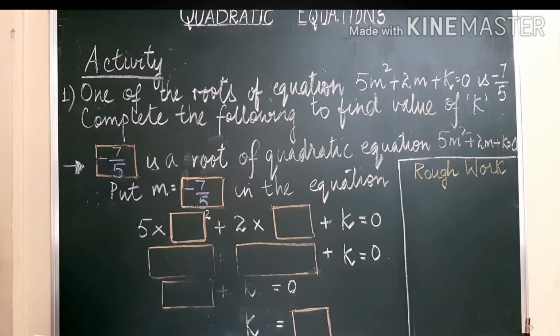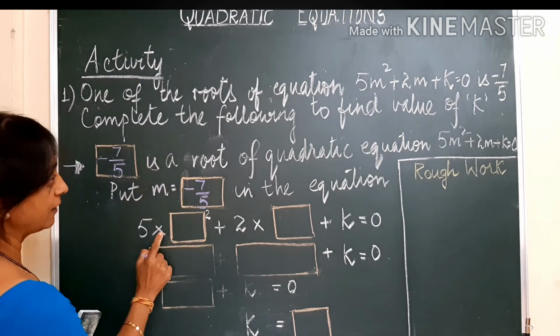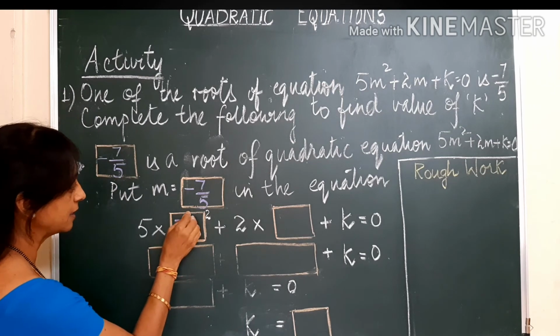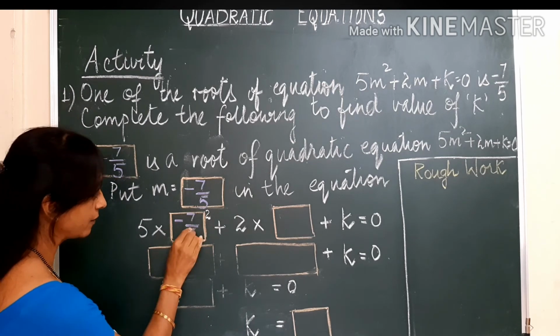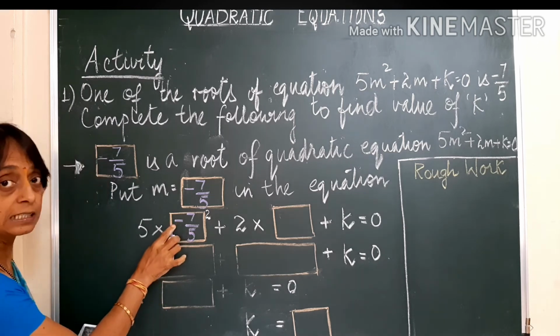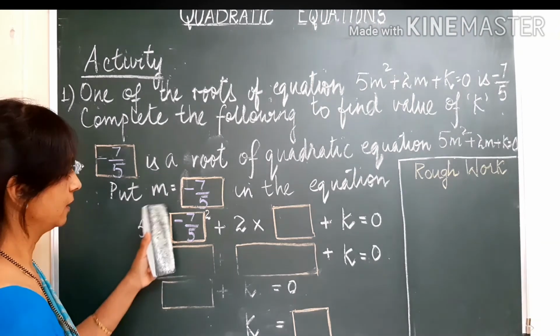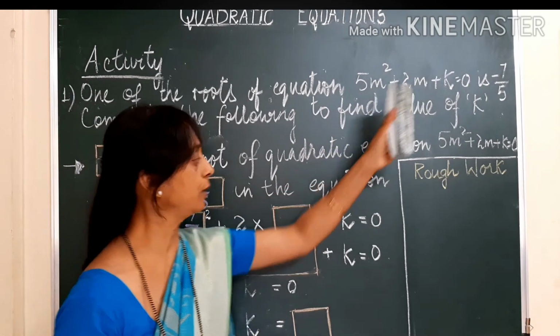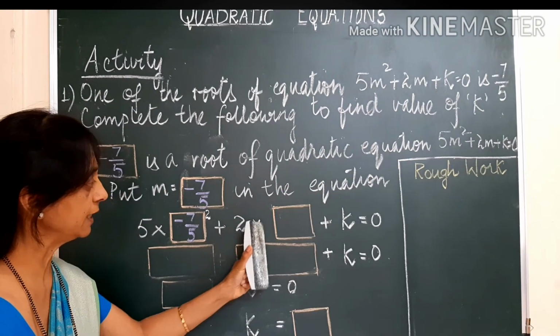So let's substitute children. 5 into m square. So the value of m given over here is minus 7 upon 5. Do not forget the sign before it. The whole square as it is, plus 2 into m. So plus 2 into m.